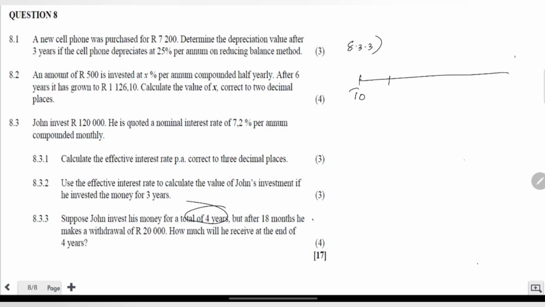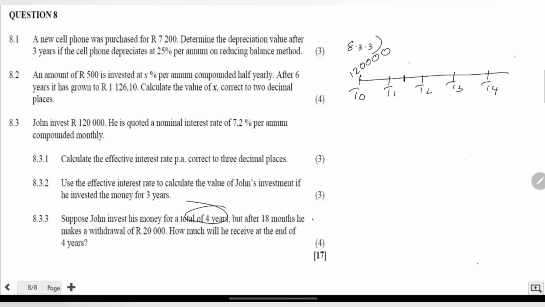So let me start with that one. That is T0, T1, T2, T3, T4, 4 years. So he made an initial investment of 120,000. Where are we going to place it? At T0, 120,000. Clear? Then after 18 months, since the timeline is made for number of years, 18 months is 1.5, that is here.